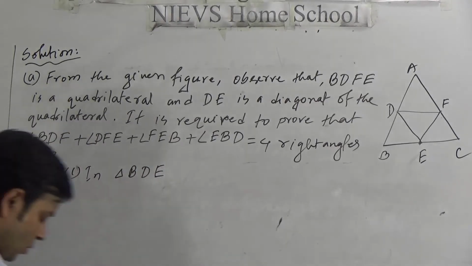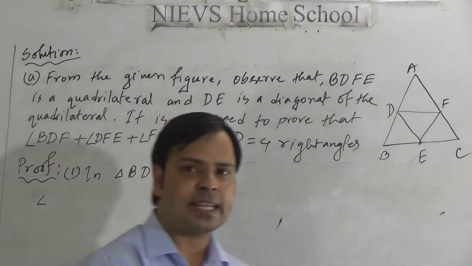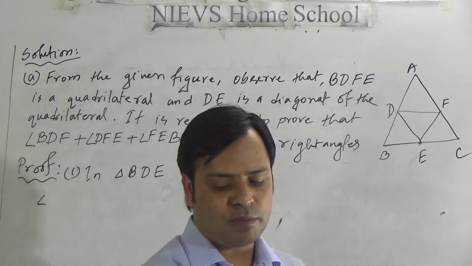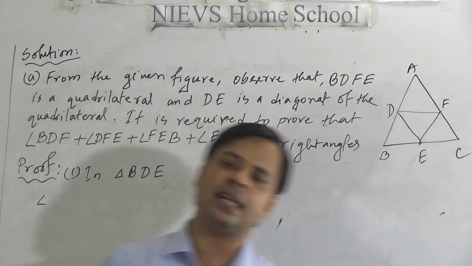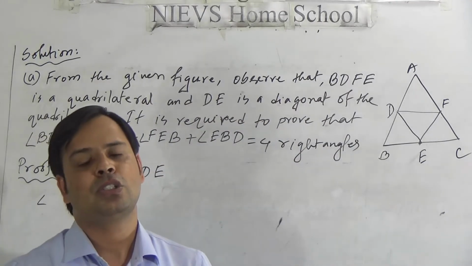Dear students, we know that the sum of the three angles of a triangle is two right angles.